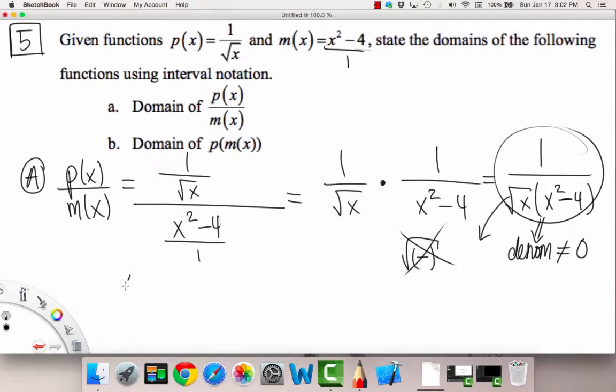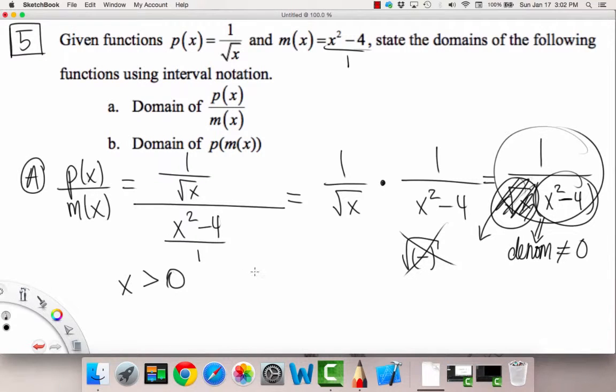Because of the square root, x must be greater than or equal to 0. But it can't equal 0, because that would make the bottom 0. So x has to definitely be greater than 0. That's given by the square root part, so we can forget about that now. Now let's look at x squared minus 4.